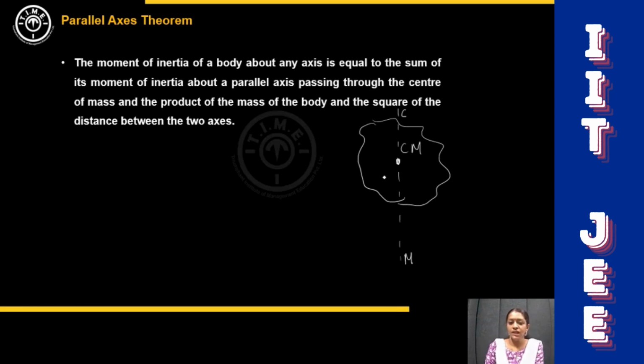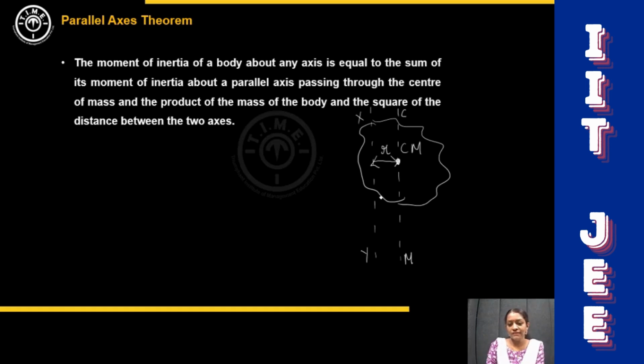Now, I am considering one more axis which is passing through another point of the body, but the second axis, let it be XY, is exactly parallel to the axis passing through center of mass. And let us take R as the distance between the two axes.